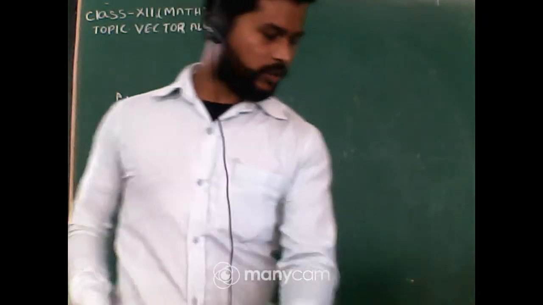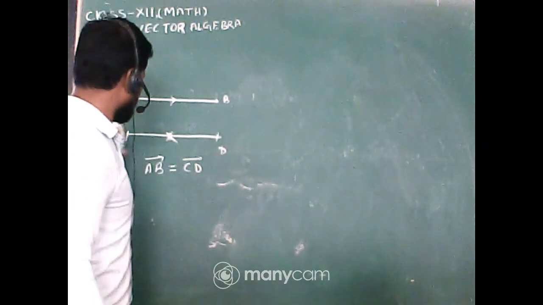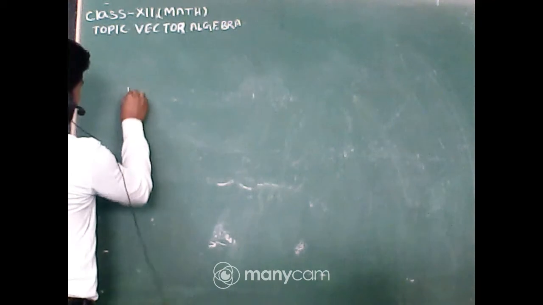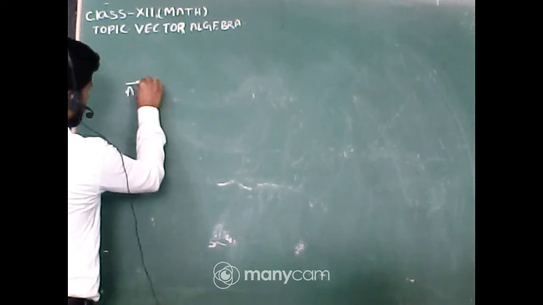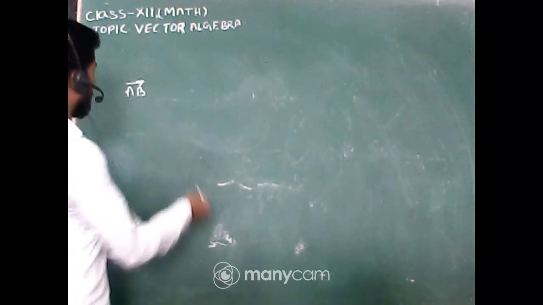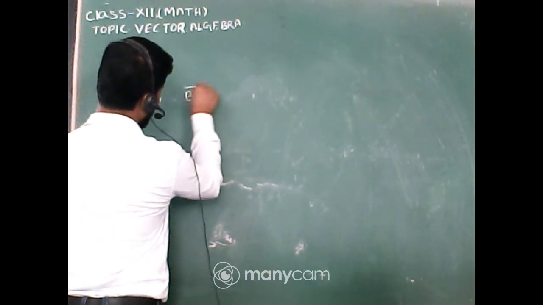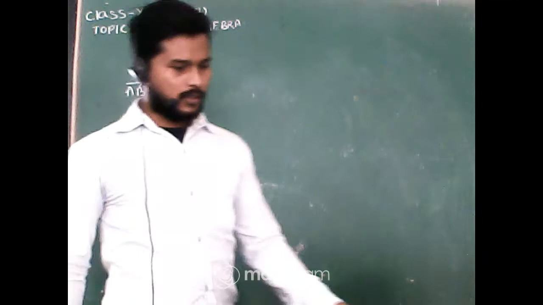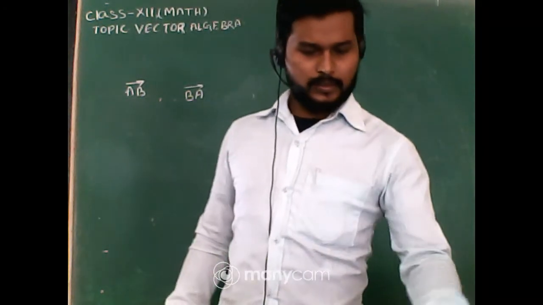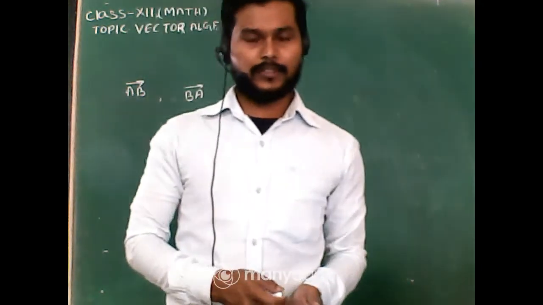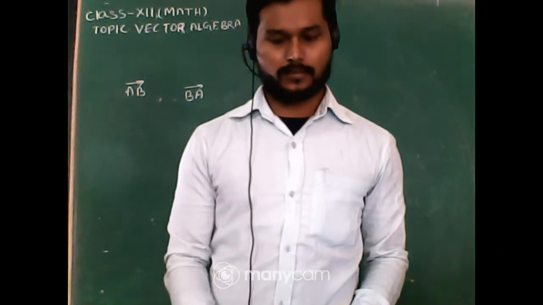Now next our topic is the negative vector. What is the negative vector? So let AB be a vector. The negative vector of AB is BA. Means two equal vectors are said to be negative if their directions are opposite to each other.